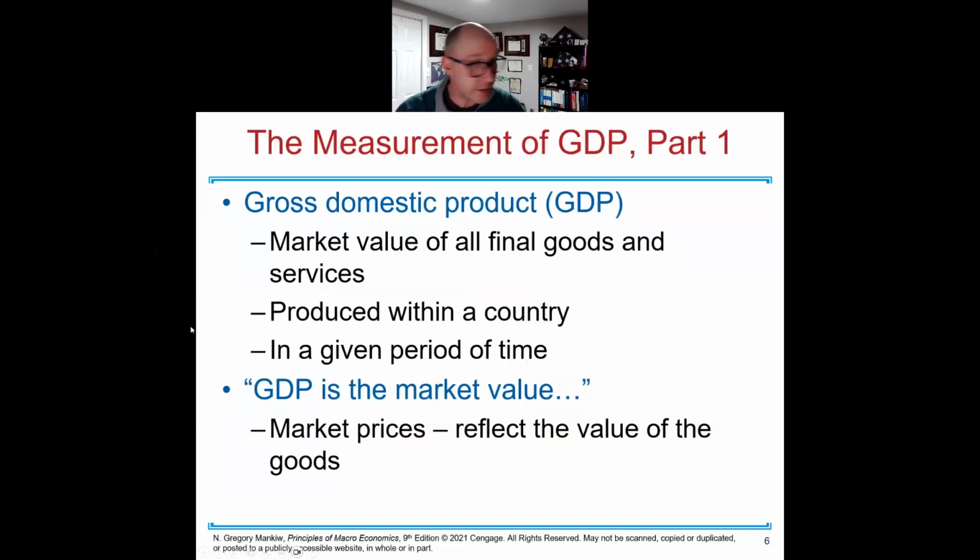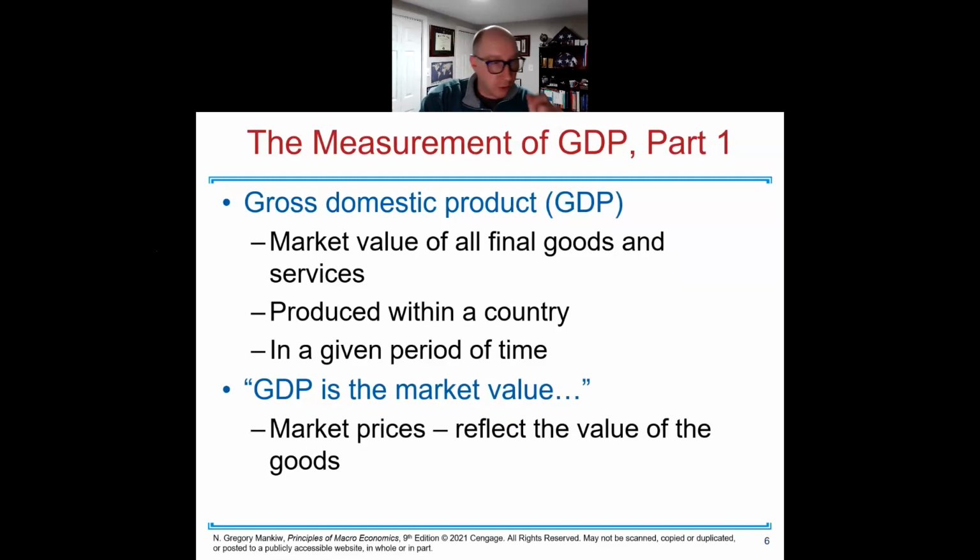So what is gross domestic product? As I'd mentioned, it is how we measure the overall well-being of the national economy. Gross domestic product is the market value of all final goods and services produced within a country during a given period of time.